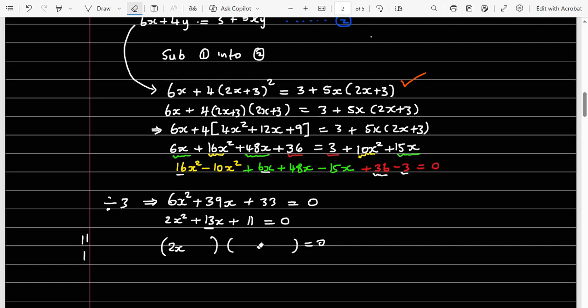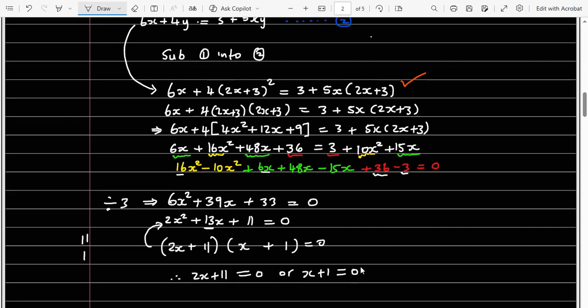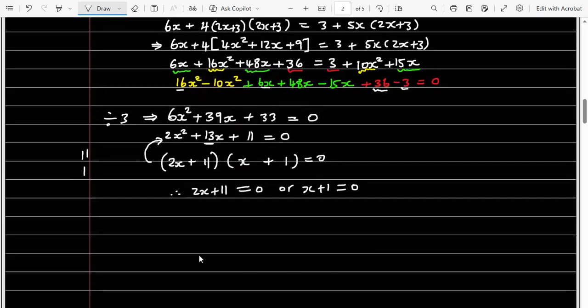What I'm trying to say is that putting the 11 this side won't work, but this side I'll have x, the 11 should come this side because both of these are positive. You see? So when you multiply out the bracket, it will take you back to that 1. Therefore, 2x plus 11, that's 0, or x plus 1, that's 0. You can now solve for x.